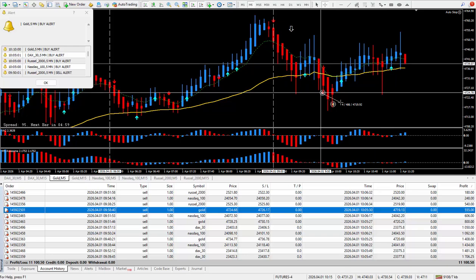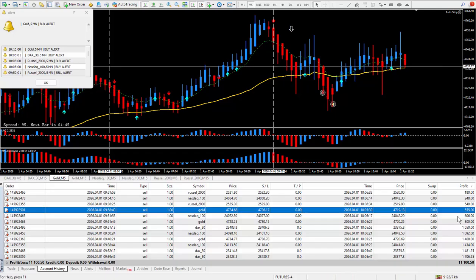Now gold pays $10 for each tick, so this should be 55.5. That's pretty close right there, 55.7. So anyhow, let's just go with 55, and that paid out $555.